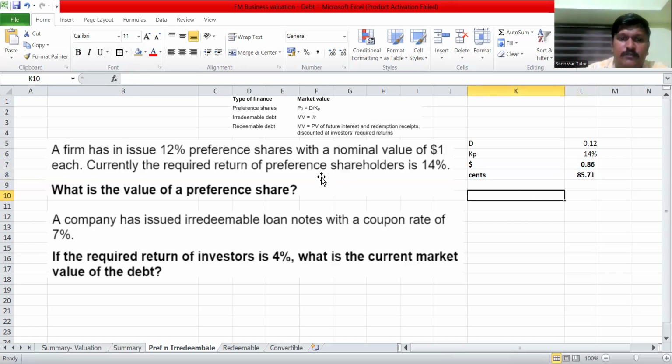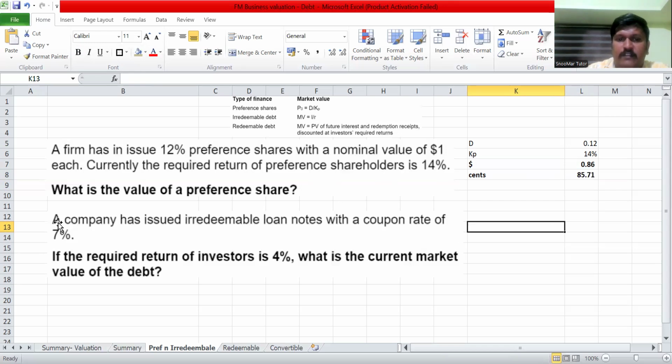Now coming towards the second question, which relates to a redeemable loan. We can calculate this using the same formula. Market value of the irredeemable debt is equal to interest divided by the required rate of return, or the cost of debt basically. So what is your interest over here?